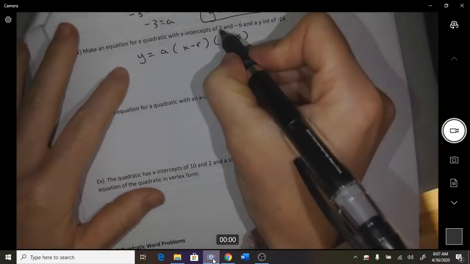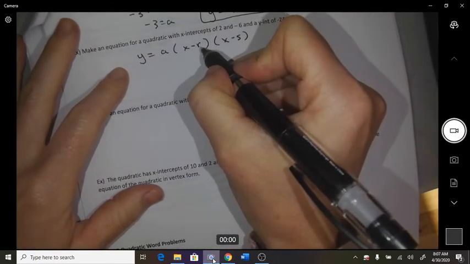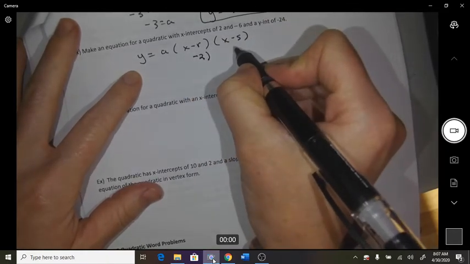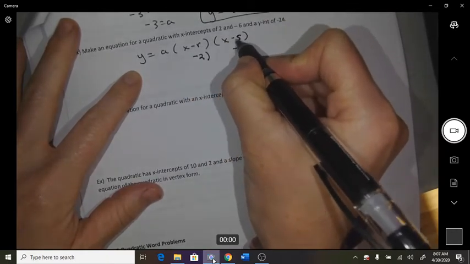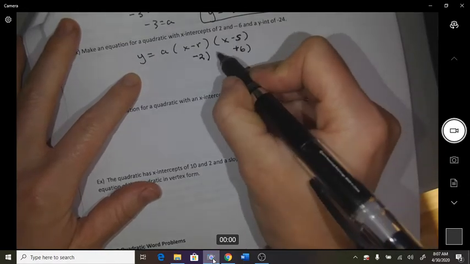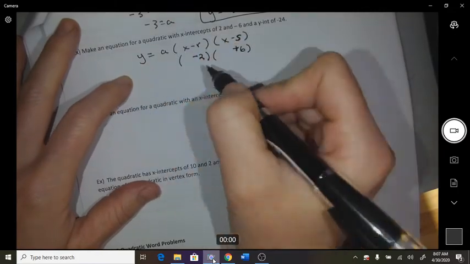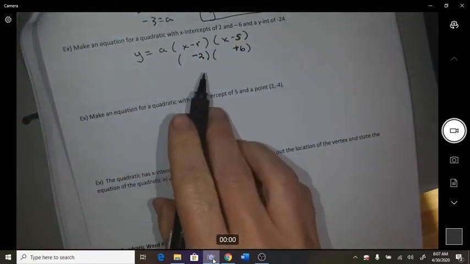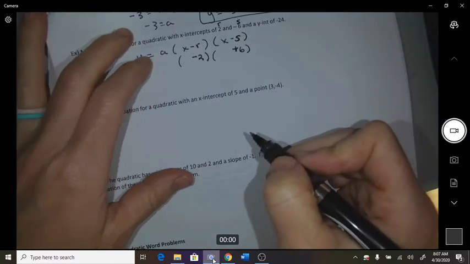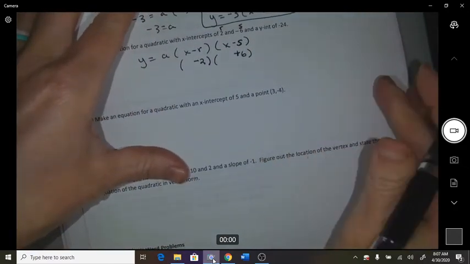My x-intercepts are 2, and so I'm going to subtract 2 and add 6, because you subtract a negative 6. So I replaced r and s. Those were my x-intercepts.